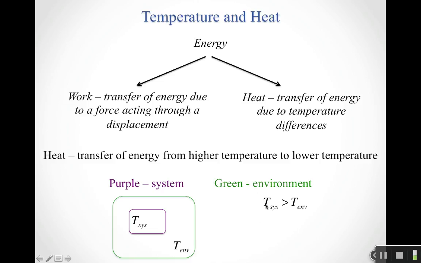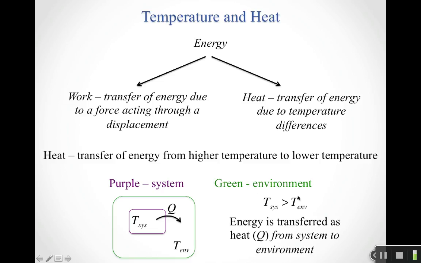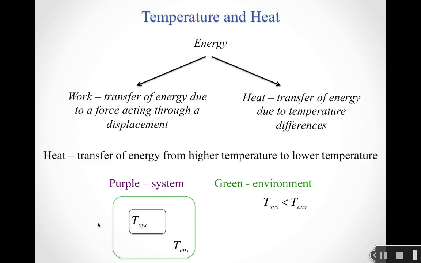So let's say that my system is at a higher temperature than the environment. Well, I know that that tells me that energy is going to be transferred from the system to the environment. So Q, right, this transfer of energy as heat will go from the system to the environment. So if I'm thinking about the energy transferred as heat by the system, that's actually going to be negatively valued.